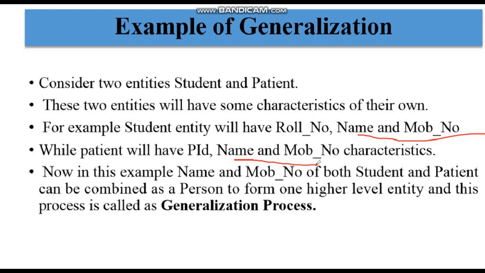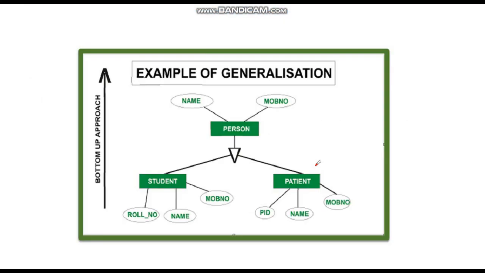That means we are combining two lower level entity types to form a higher level entity type, that is called person. Okay, and this process of combining the lower level entities to make a higher level entity is called the generalization process. So this is the example of generalization. Okay, so here this is the bottom up approach.